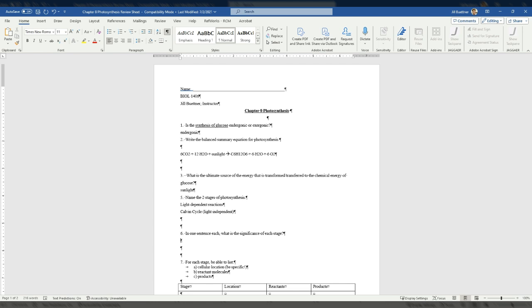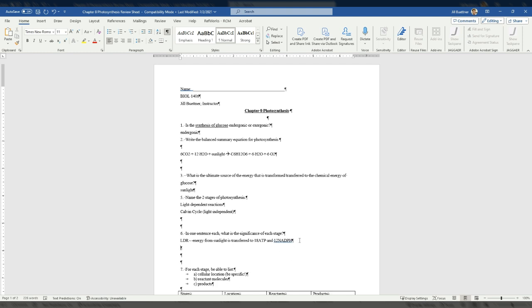But we're going to use these two, Calvin cycle or light independent reactions. What is the significance of each stage? For the light dependent reactions, the energy from sunlight is transferred to ATP and NADPH. And you may remember it was 18 ATPs and 12 NADPHs, although I don't get too stuck on the numbers.